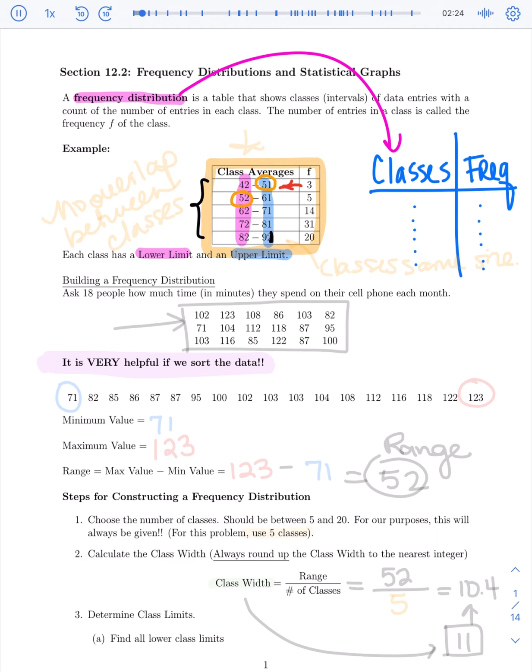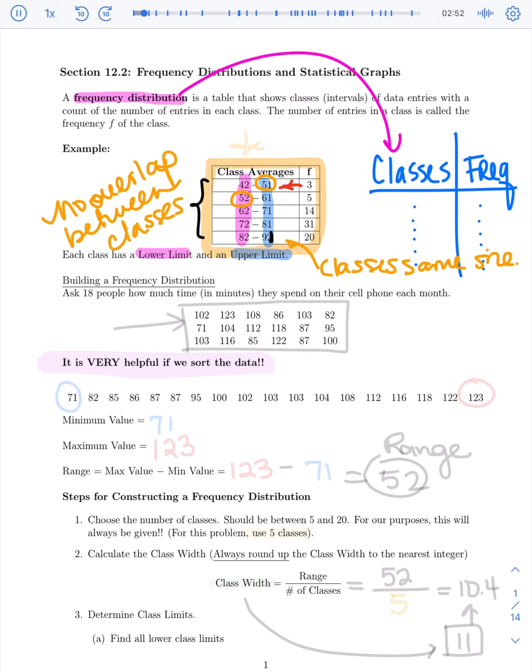So we'll never see an overlap between your classes, because you don't want to be counting things twice. Also, all the classes must be the same size, so that they have the same number of numbers in them.